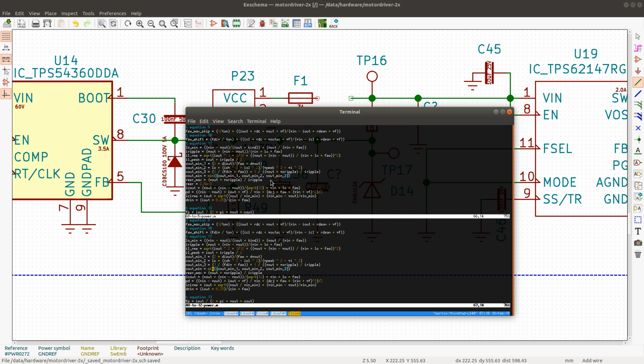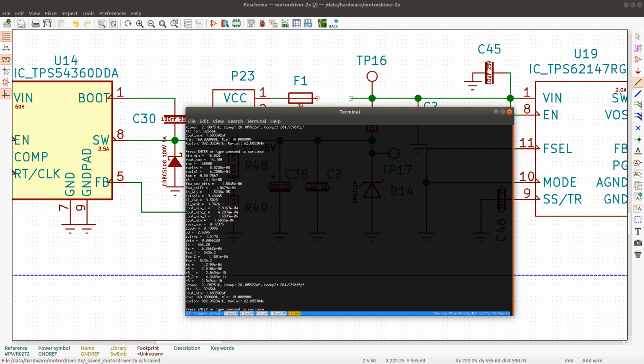So let's see what we have next here. Let's see if I find any other problems. Maximum ESR is 125 milliohms, and I think by adding this capacitor I do ensure that it's below that.